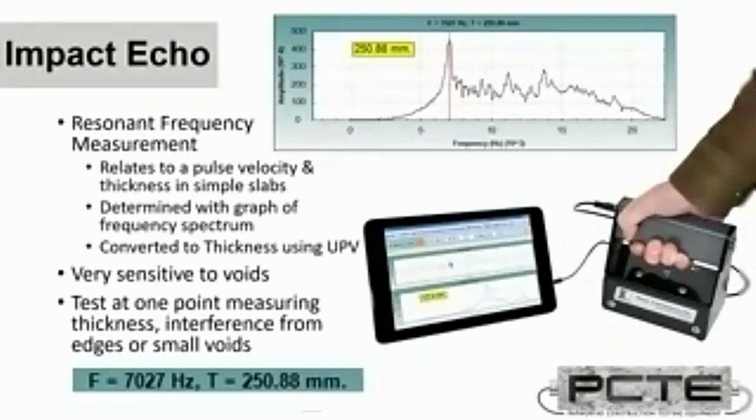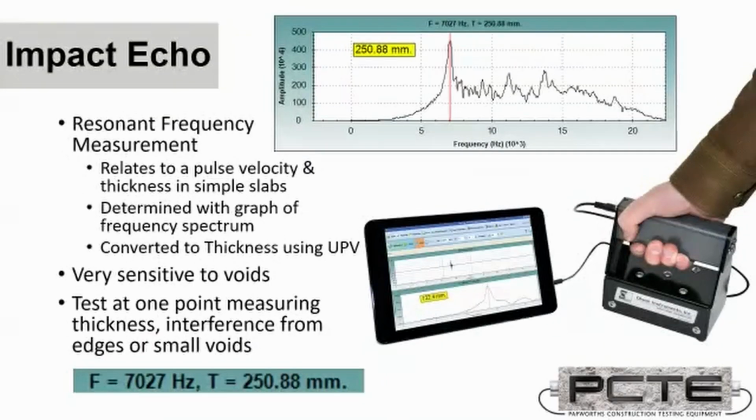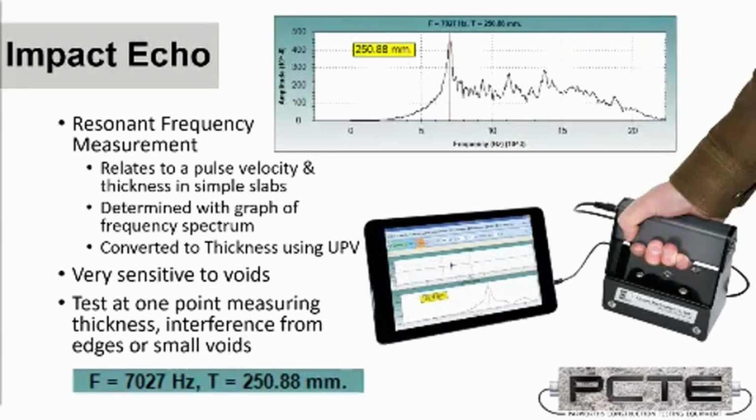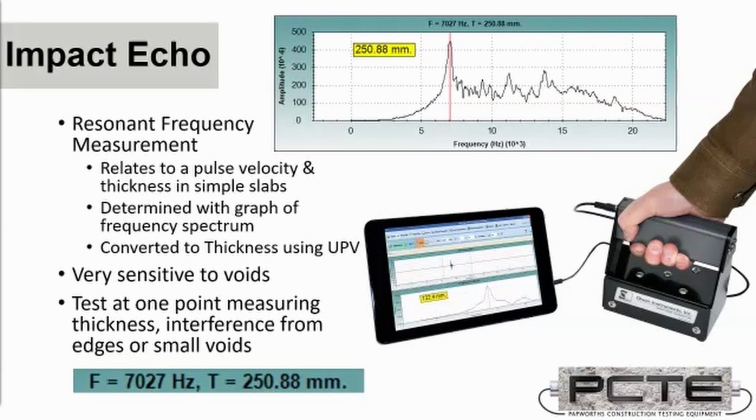So let's go back to compression waves, but look at a different measurement that takes advantage of this energy. Impact echo is a resonance measurement. So the previous two measurements were transmission. We either send through or bounce from the structure. With a resonance test, it's more like striking a bell or a bar of metal, where it will resonate at a dominant frequency after striking.